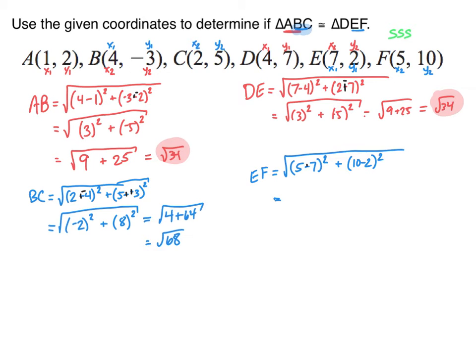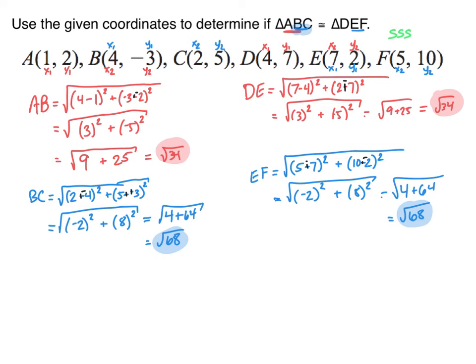All right, add the opposite, 5 minus negative 7 would be negative 2 squared plus 8 squared. Looking pretty good here. That's going to be, again, 4 plus 64, which is equal to the square root of 68. So the square root of 68 is equal to the square root of 68. So I have another set of sides congruent.